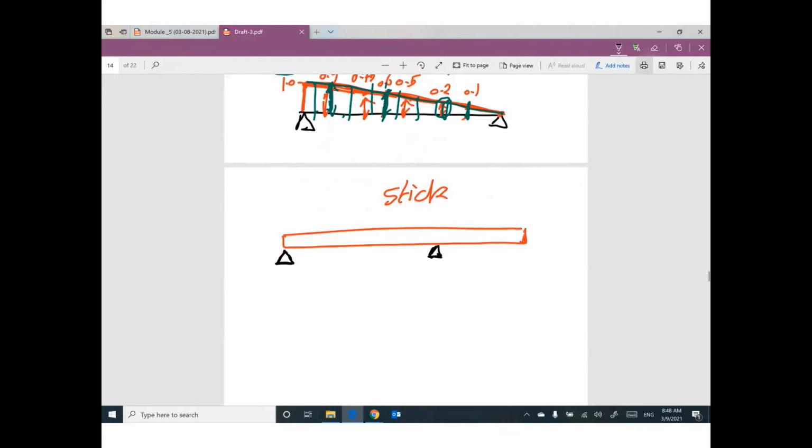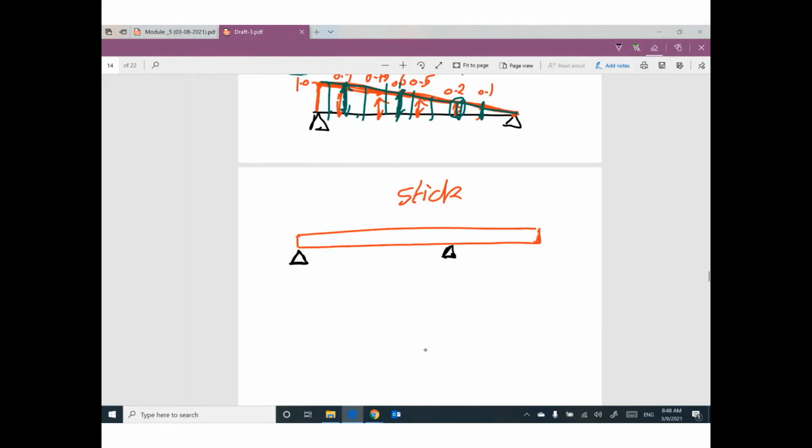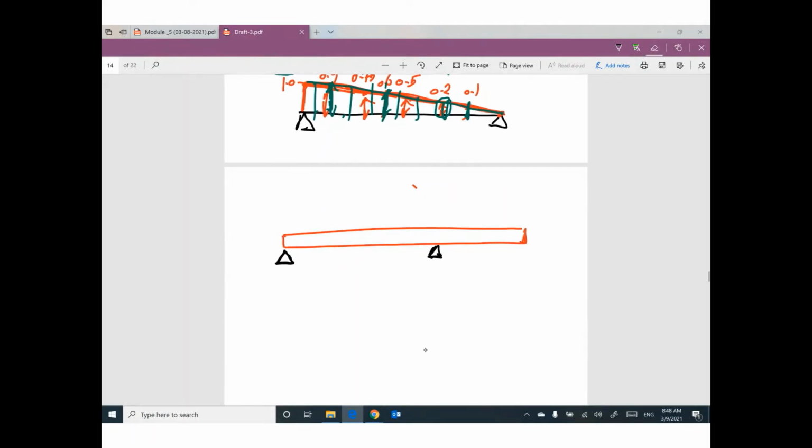You can do this experiment at home right now, and I will try to do it next meeting. Guys, what will happen if you move this end up and keep this point as it is?